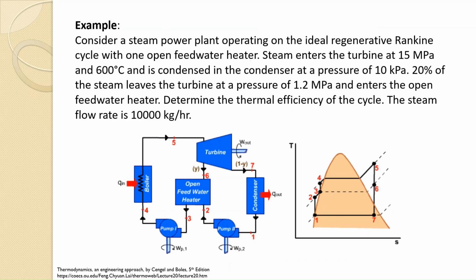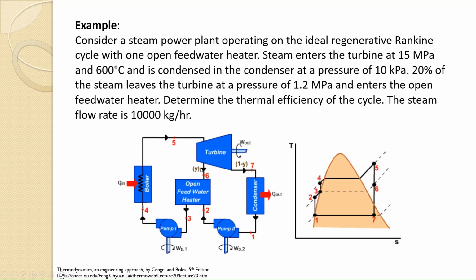Let's look into this example. Consider a steam power plant operating on an ideal regenerative Rankine cycle with one open feedwater heater. The steam enters the turbine at 15 megapascal, so stream number 5 has a pressure of 15 megapascal and temperature of 600 degrees C. After the turbine, the mixture of liquid and vapor goes to the condenser with a pressure of 10 kilopascal.